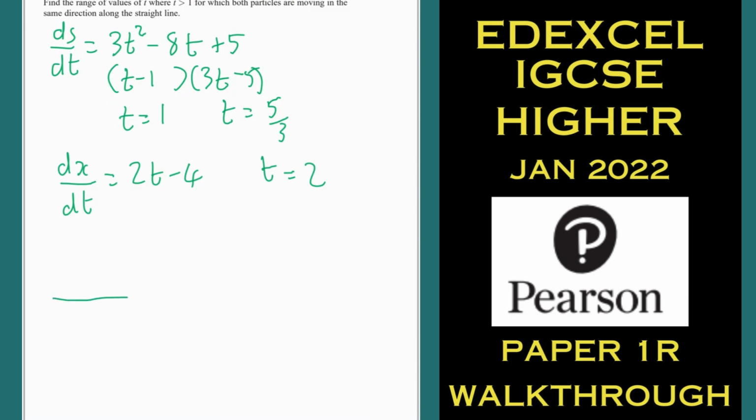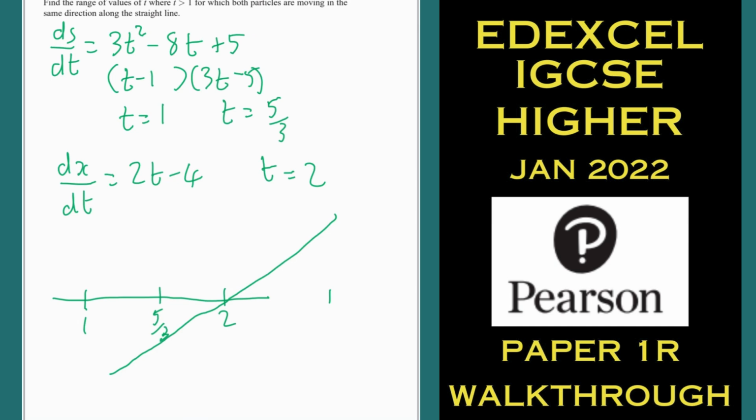So I went for the number line approach. Let's see if this makes sense. There's 1, there's 5/3, and there's 2. 2 is linear, so it's kind of doing that. Just for example, when t is 1.7 or some such, it's negative. When t is 5 or something, it's positive. So that's what it would look like.